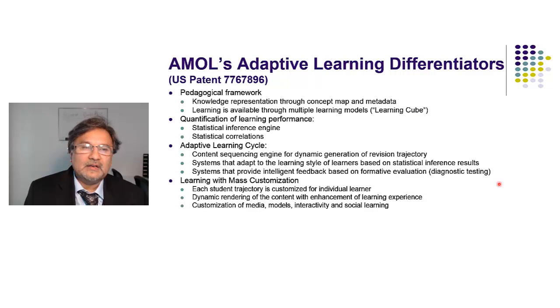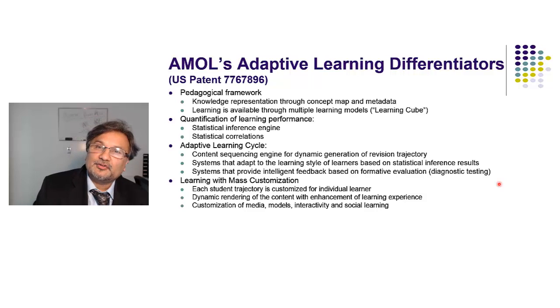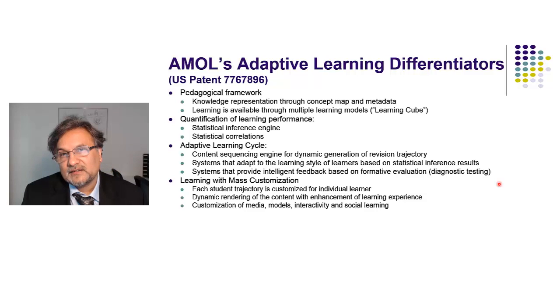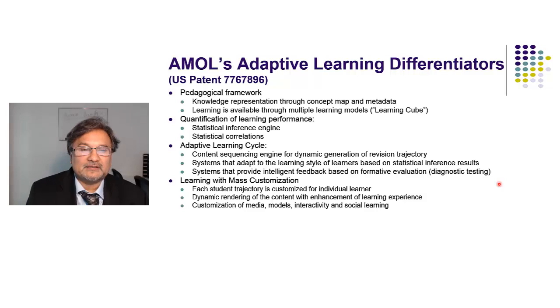I do own a US patent in the area of adaptive learning, and the differentiator for this patent is that number one, we have a very solid pedagogical framework, which you saw as the Learning Cube framework. We also have a very nice way of quantification of learning performance. So we do statistical analysis of every learner's behavior, and then based on those adaptive learning cycles, we are able to do content sequencing, dynamically rendering content with a different sequence, so that we can show students and also learners in the corporation how they can really master the concept very quickly.